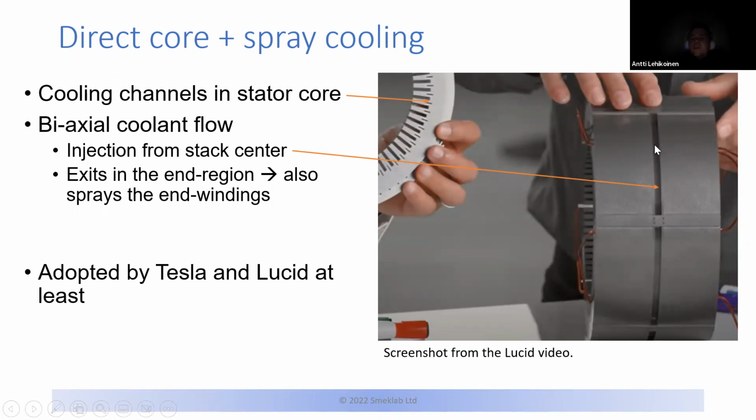So they are pushing oil in here, then it splits into both axial directions. It flows biaxially via these cooling channels. And then while exiting this machine, it also sprays the end windings. So it's like a combination. It's almost like a water jacket, but the fluid is running inside the active part of the machine and not the housing. And then on top of that it's also spraying the windings.